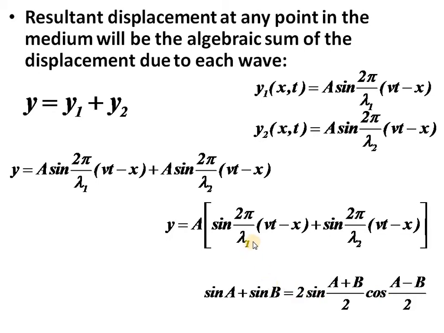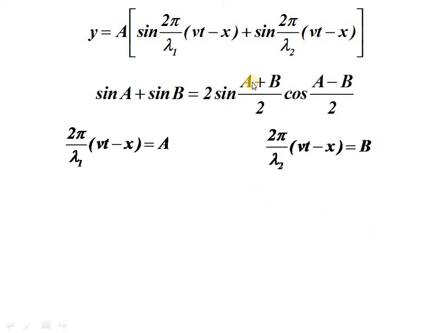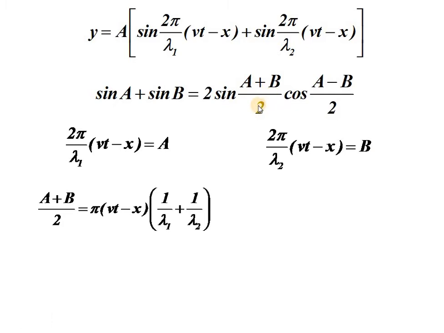How do we take A and B? We take A as the first argument, 2 pi by lambda 1 times (vt minus x), and B as 2 pi by lambda 2 times (vt minus x). There is no harm in it. So then we can insert here the (A plus B) by 2 that we want.